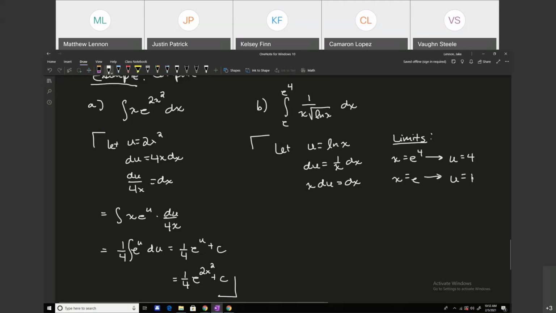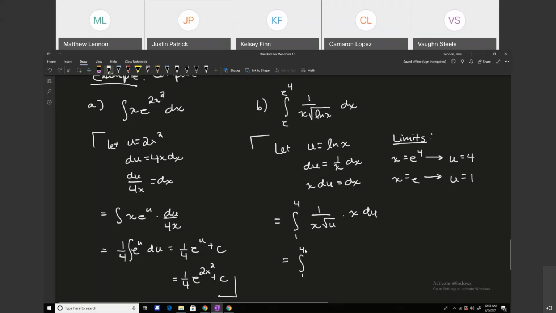So now we're ready to replace our integral, change from x's to u's. So our integral is now going from 1 to 4, and it's going to be 1 over x times the square root of u times x du. So our x's cancel, and you want to think about what is the exponent of 1 over the square root of u.